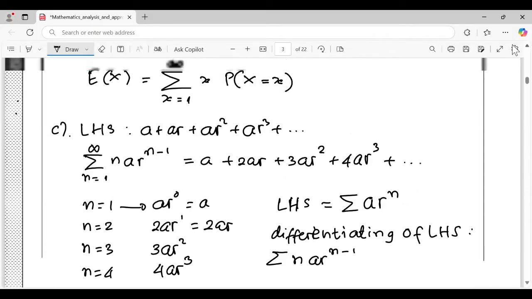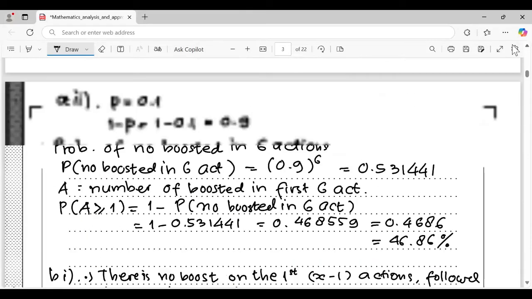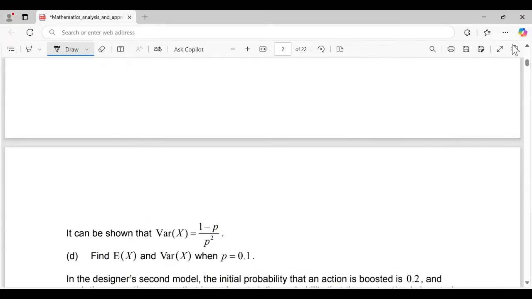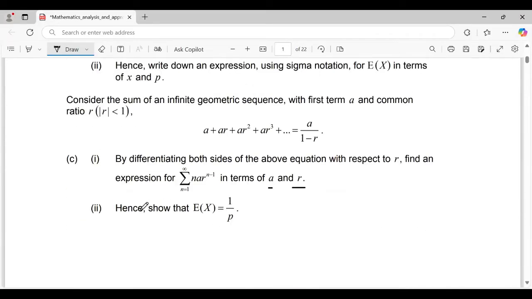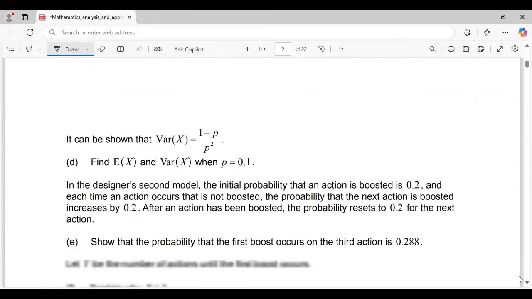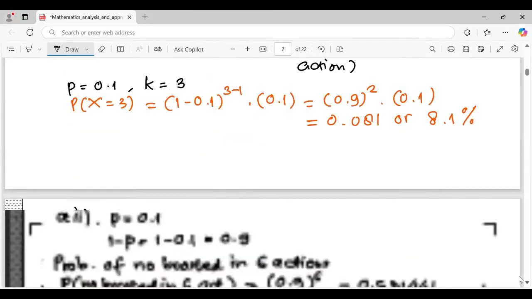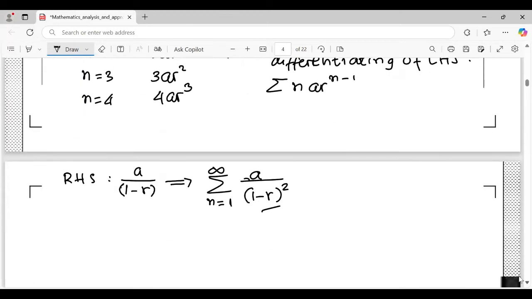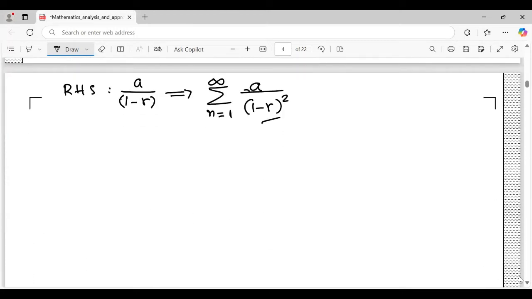What else? And show that the expectation of X equals 1 over p. Expectation X equals 1 over p. It is part 2.